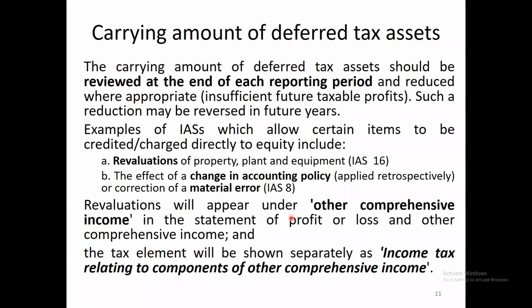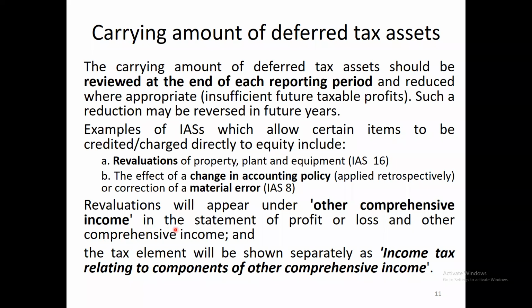Revaluations will appear under other comprehensive income. Other comprehensive income includes income that is not frequently occurring, or non-operating income, sometimes called extraordinary items. So revaluation will appear under other comprehensive income. It is not operating income.